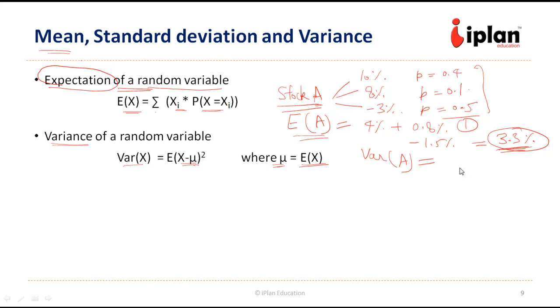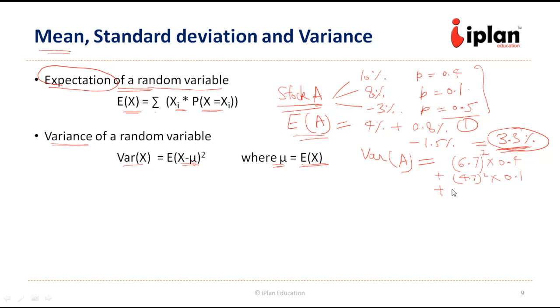So we can simply write it as 10 minus 3.3, which is 6.7%. This is the difference, and we have to just square it and multiply by the probability, which is 0.4, plus 8 minus 3.3, which is 4.7, squared, into the probability, which is 0.1, and finally minus 3 and 3.3.